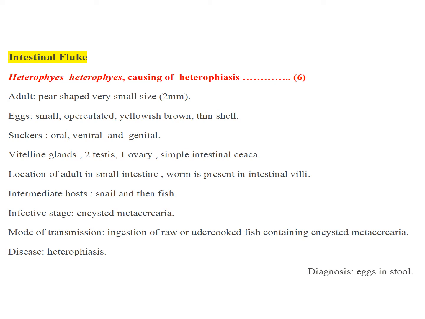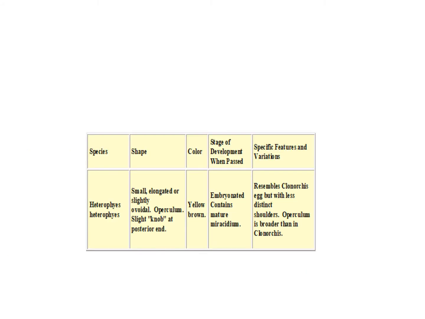Now we can diagnose it by examination of fecal specimens. Other criteria in this table show you the shape, the color, the stage of development when passed, and specific features and variations. The Heterophyes egg shape is small, elongated or slightly ovoidal.